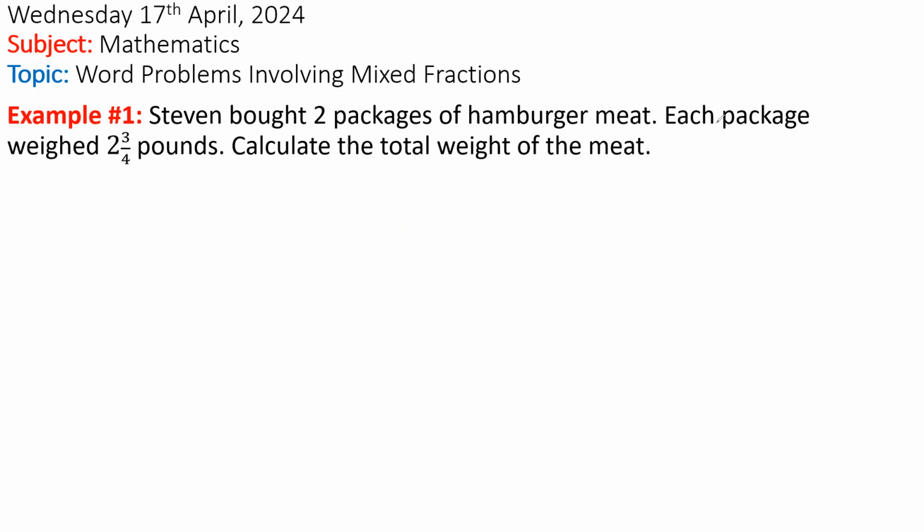Let's go ahead and actually do this question. What I'm going to do is multiply 2 and 2 and 3/4 together. So in order to figure out the total amount of meat, we're going to say 2 multiplied by 2 and 3 over 4.